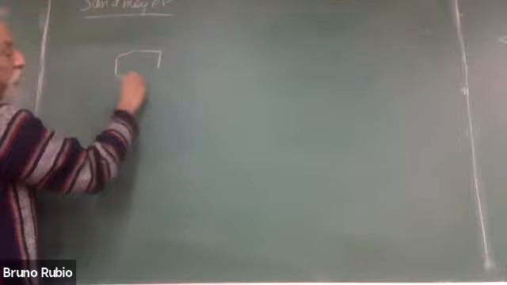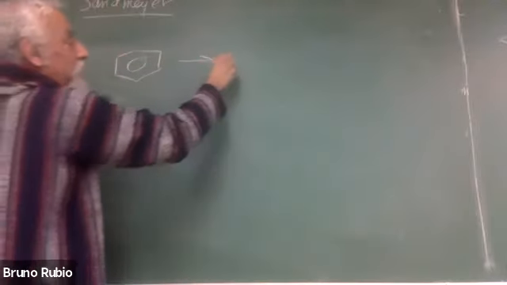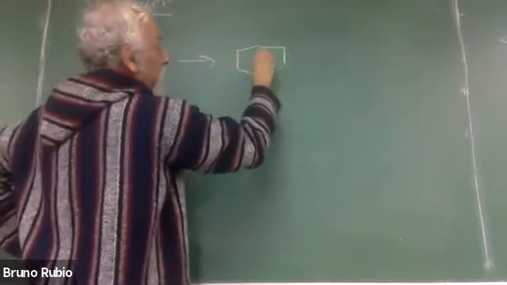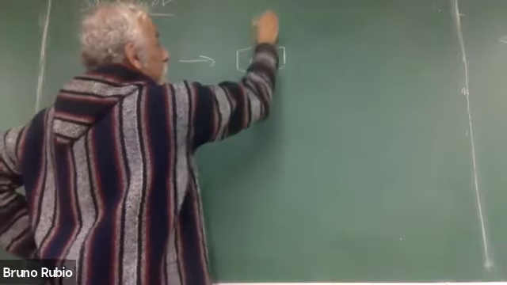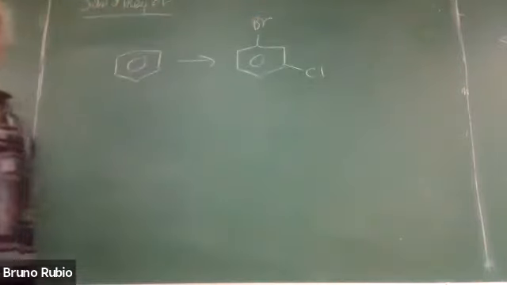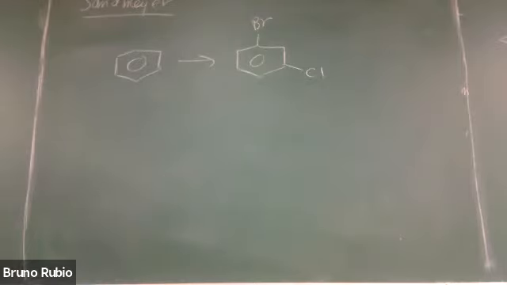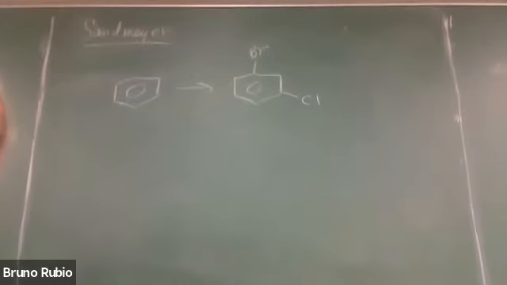So that is pretty well exemplified by the following synthesis. So how would you convert benzene to this 1-bromo-3-chlorobenzene?